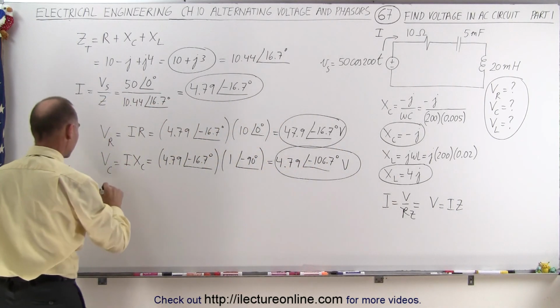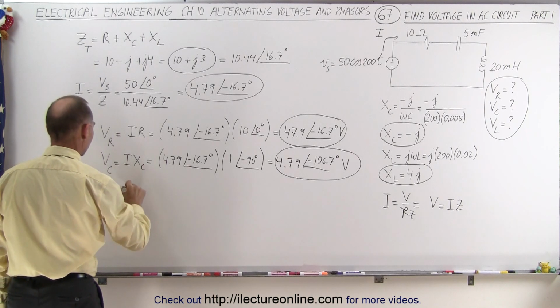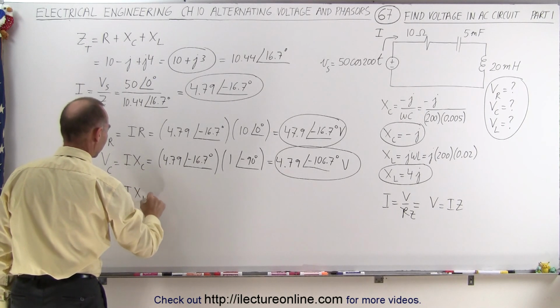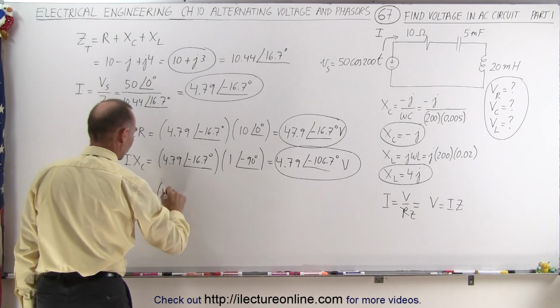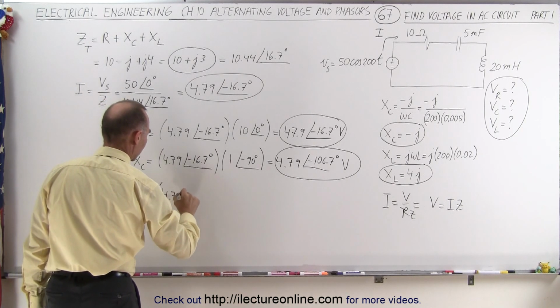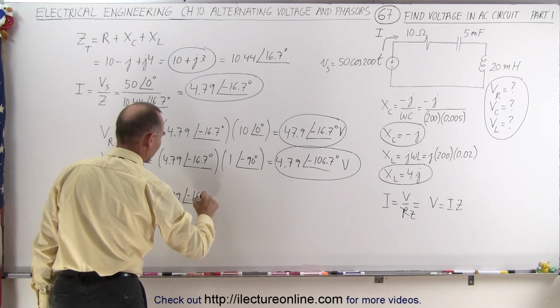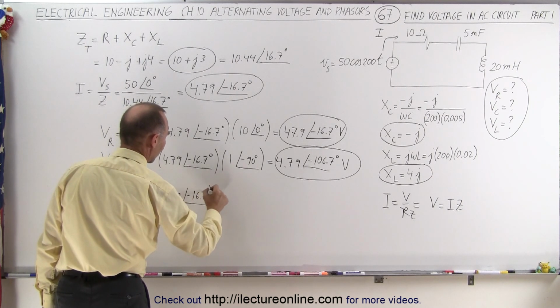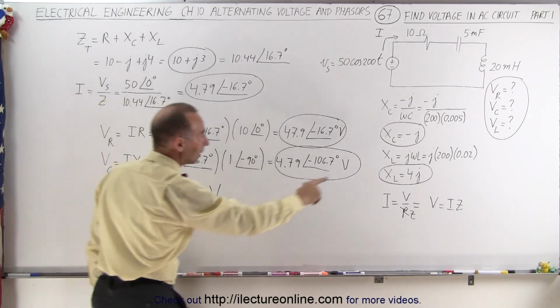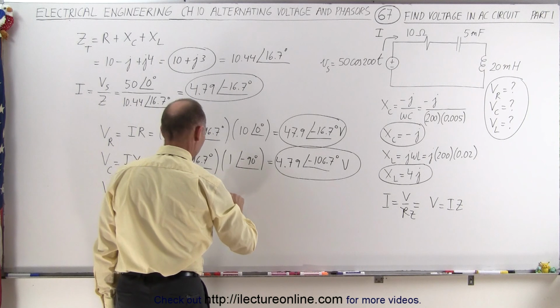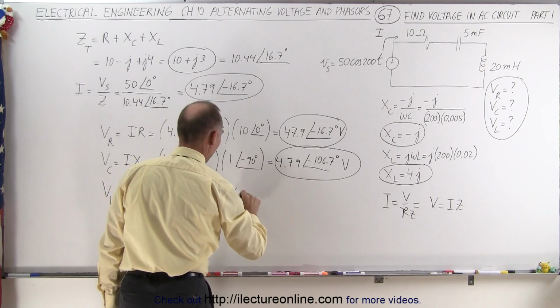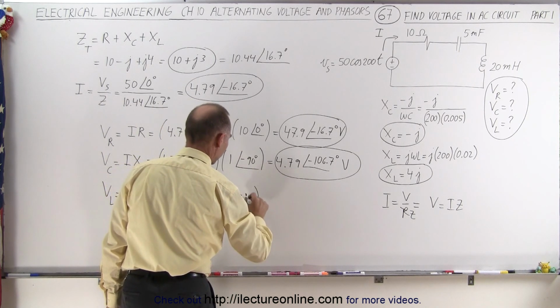Now the voltage across the inductor, V sub L, is equal to I times X sub L, which is 4.79 with a phase angle of minus 16.7 degrees, multiplied times X sub L, which is a magnitude of 4 with a phase angle of positive 90 degrees.